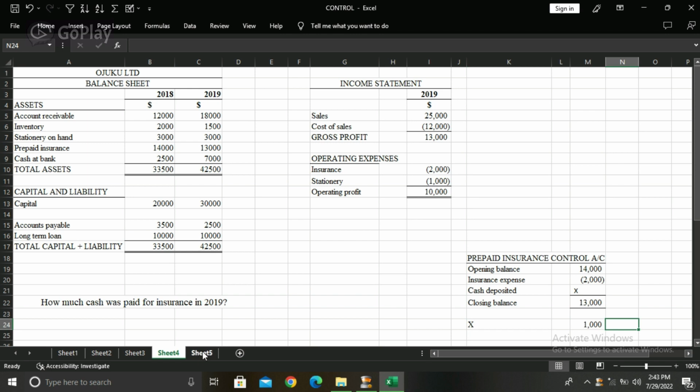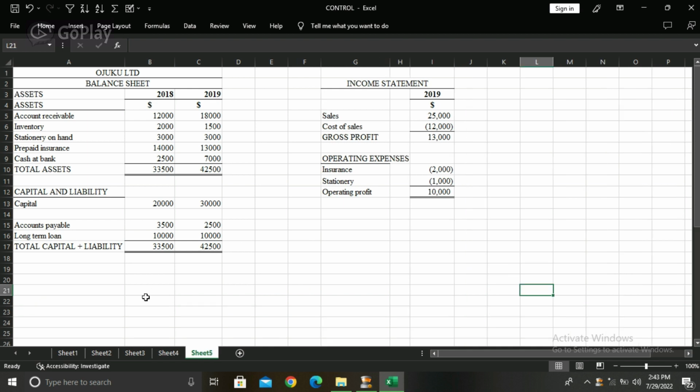So when we are preparing the cash flow statement, these are some of the tricks to get the cash amount paid for certain items using the direct method of cash flow statement preparation. Now, on sheet 5, I'll show you a few more tricks.